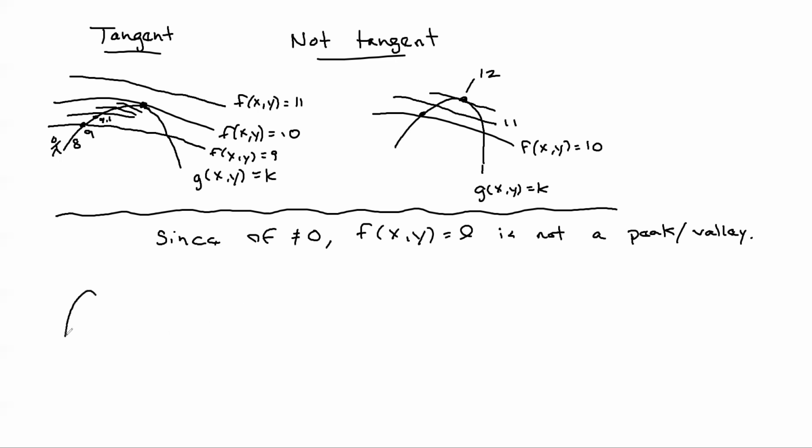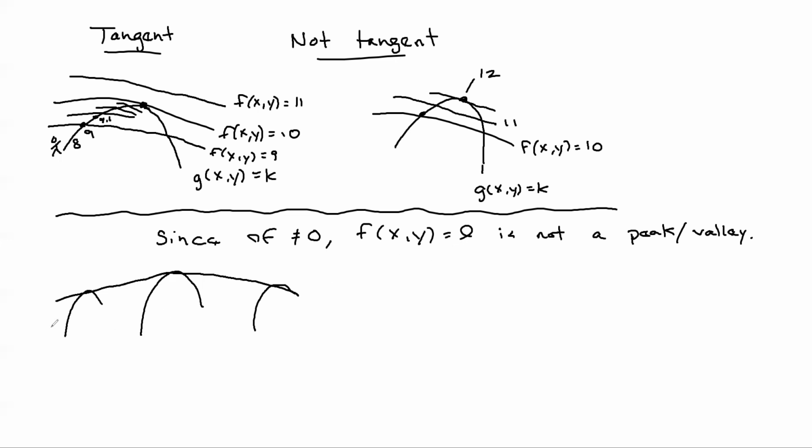So if you imagine a side of a hill, let's say here's a hill. I'm not going to draw the bottom part here because it's just going to make the picture messier. So here's a hill, there's the top of the hill, that line there. What we're saying is that f of xy equals L is not the top of the hill.